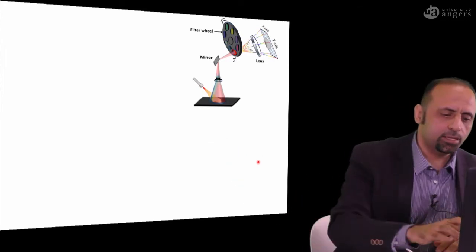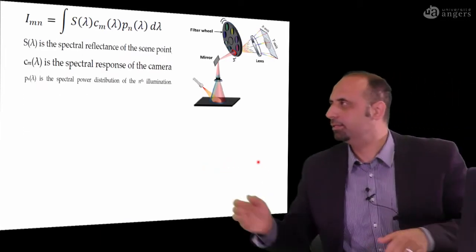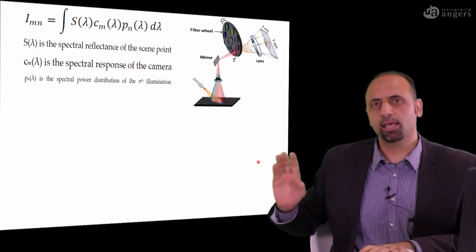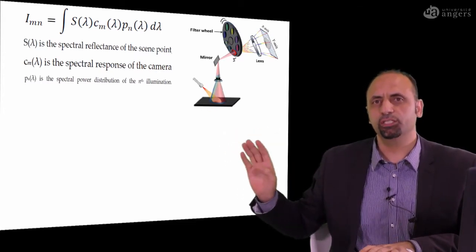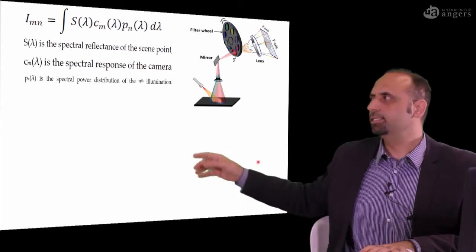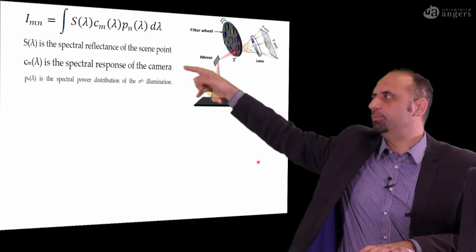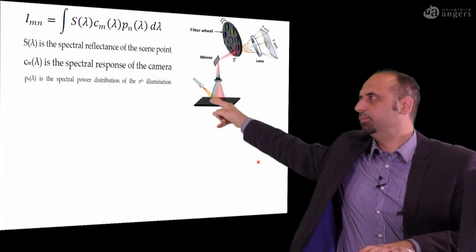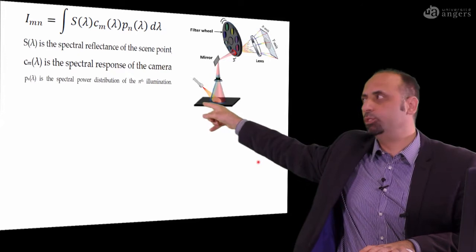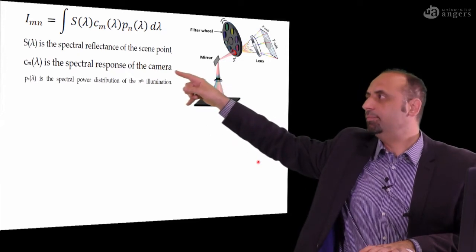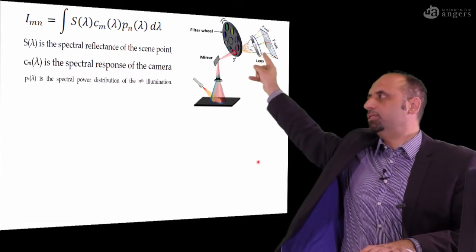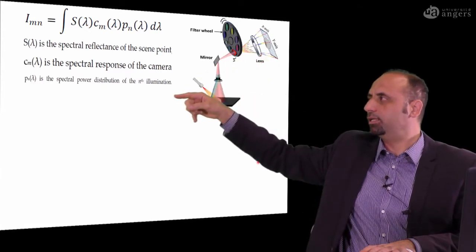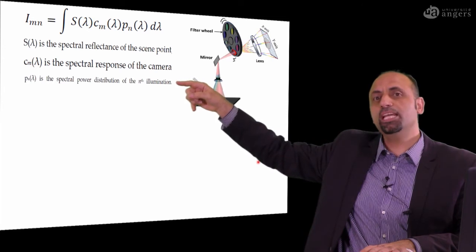So what is the theory behind this? Any signal coming to the sensor of the camera is a function or integration of three signals. The signal coming from your object, which depends on the properties of the object; the signal coming as a response of the filter or the camera or the sensor; and finally, the illumination power.